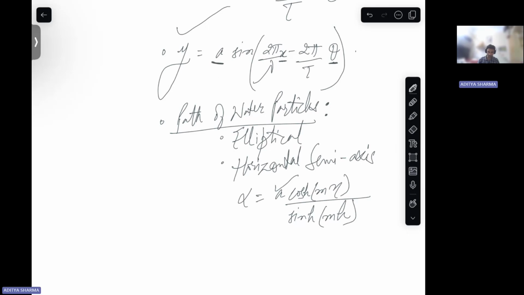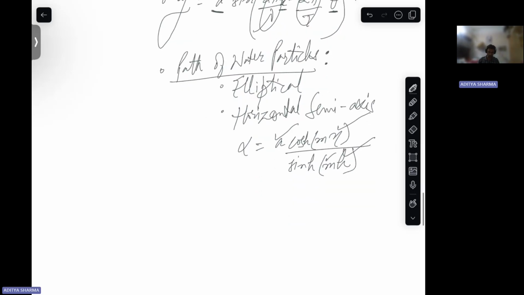So A is your amplitude, eta is your distance from the bottom, h is your water depth, and m is from here, some ratio is there. Either this ratio or this ratio is called m.